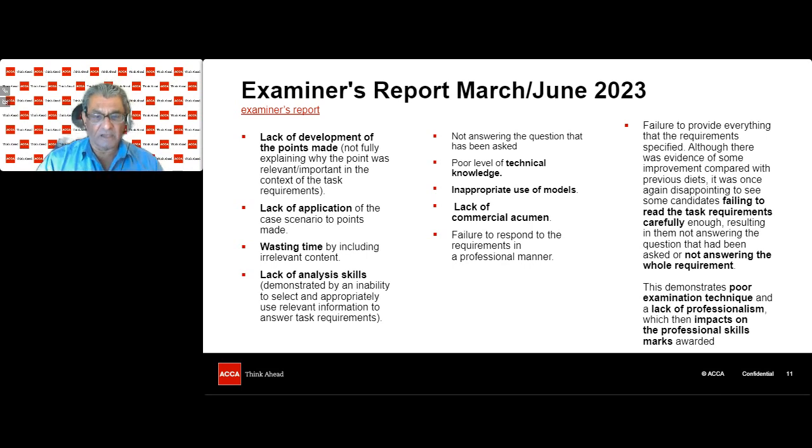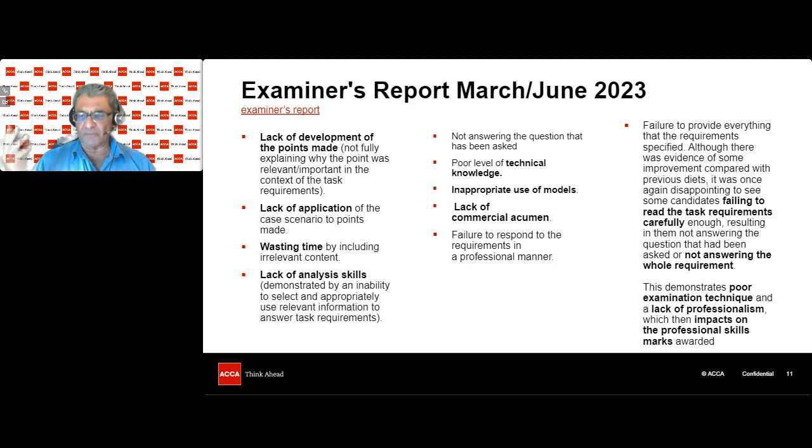I just want to highlight a couple of those. Time is kind of running along, so I need to be quick. One of the key things that the examiner always says is lack of development of the points made. So, for example, I'll stay with my simple competition illustration, right?